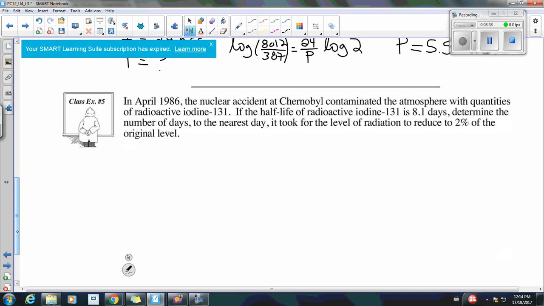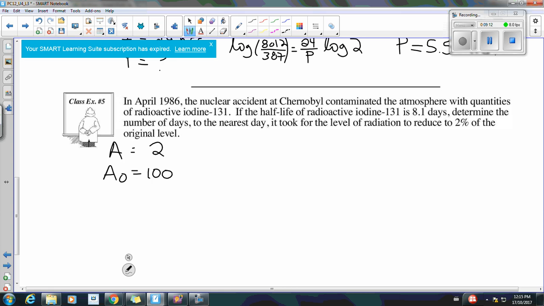Example 5: in April 1986, the nuclear accident at Chernobyl contaminated the atmosphere with quantities of radioactive iodine. If the half-life of the radioactive iodine is 8.1 days, determine the number of days, to the nearest day, it took for the level of radiation to reduce to 2% of the original level. Again, this is one of the trickier ones where it doesn't really give us an initial amount and a final amount. So I think it's easiest to say our initial amount was 100, so we're left with 2.